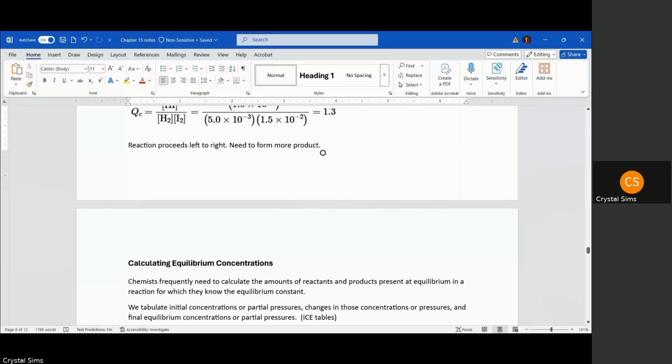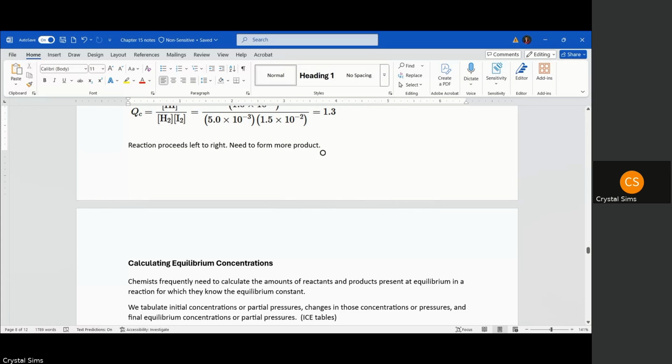So we know our equilibrium constant, or in this case, our equilibrium constant for pressure, and we're given the partial pressure of 2 of the 3. Well, this is kind of going back to what I told you in chapter 14.